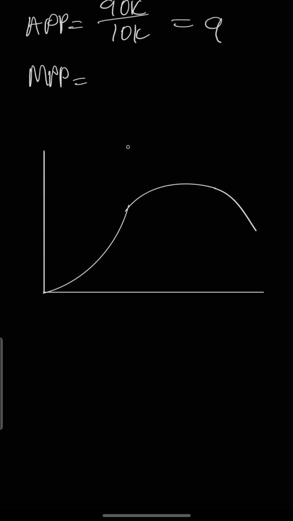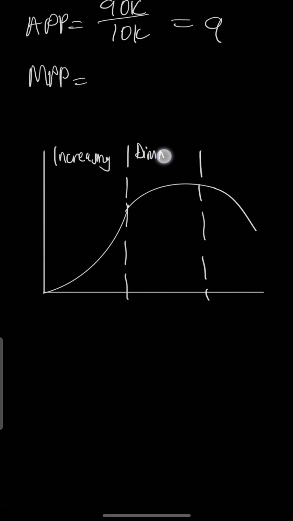So this gives us 3 points that I can clearly mark. Our graph has 3 points: we have increasing returns, we have diminishing returns, and we have negative returns.